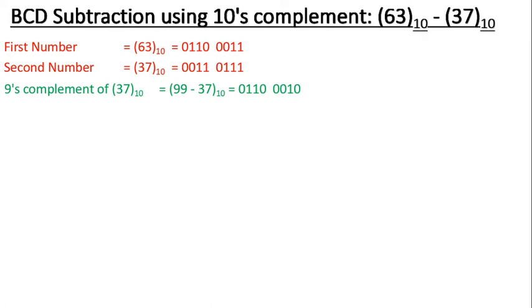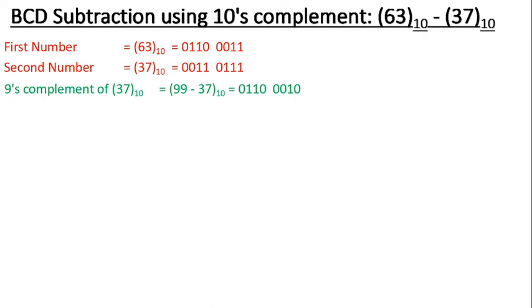That's why you can observe that the 9's complement of 37 is nothing but 9 minus 3 and 9 minus 7. It means that it is equal to 99 minus 37. As we know, 99 minus 37 comes to be 62, which is expressed in BCD form on the right: 0110 for 6, 0010 for 2. So the 9's complement of 37 decimal is expressed on the right side.